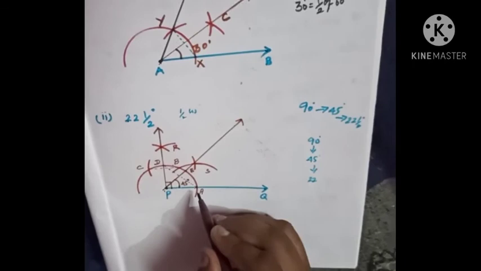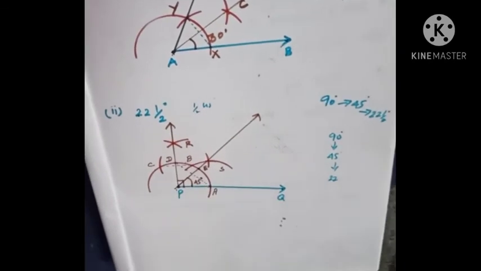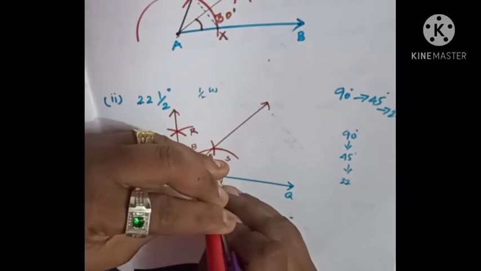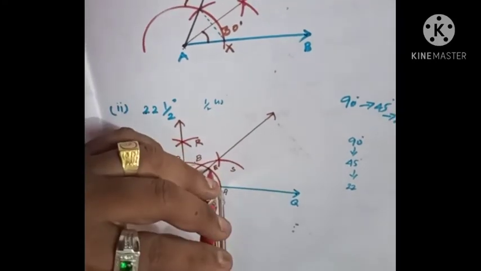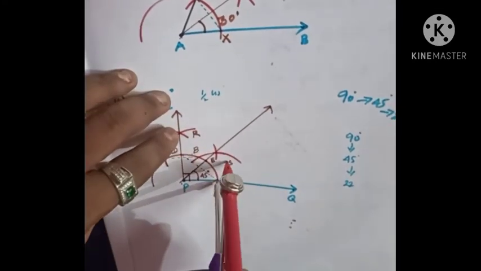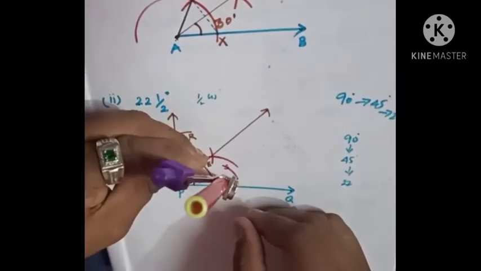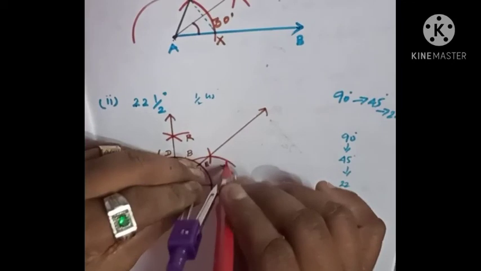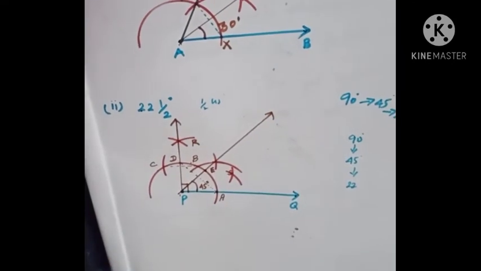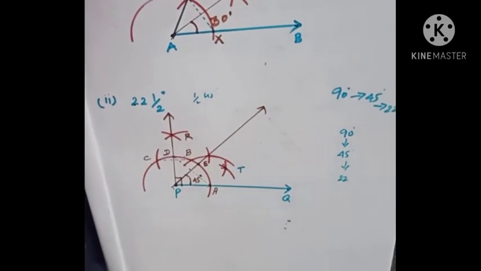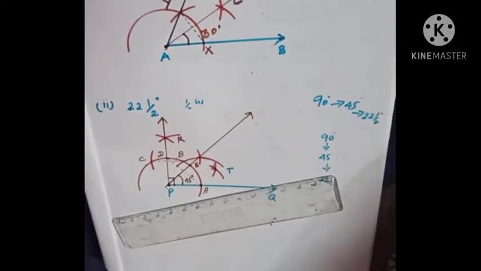Now you need to take A and E as the center and take the measurement. Take this measurement up to E also, and draw one arc here, and with E as center, you draw the arc and cut this arc. PQRS, and this is the main T. Now I need to draw another ray.